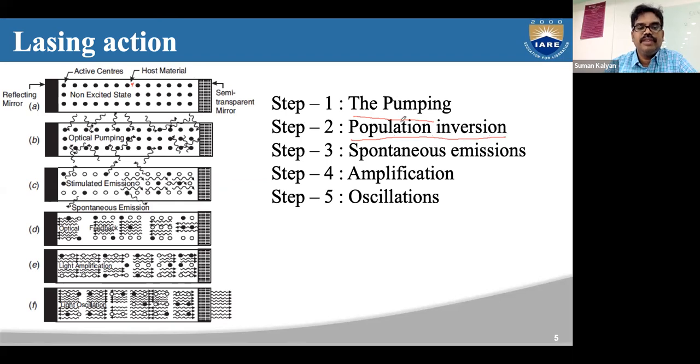Okay, because of the pumping, all the atoms which are in the lower energy state, first there will be very few atoms in the higher energy state. After pumping, there will be more atoms in the higher energy state, and fewer atoms in the lower energy state.